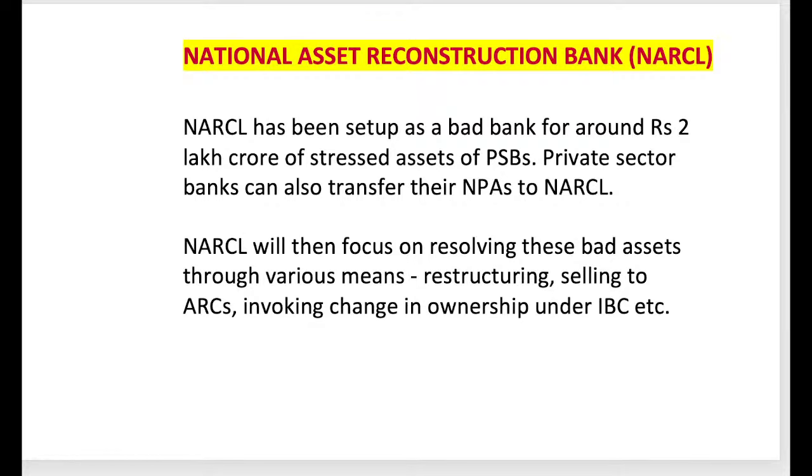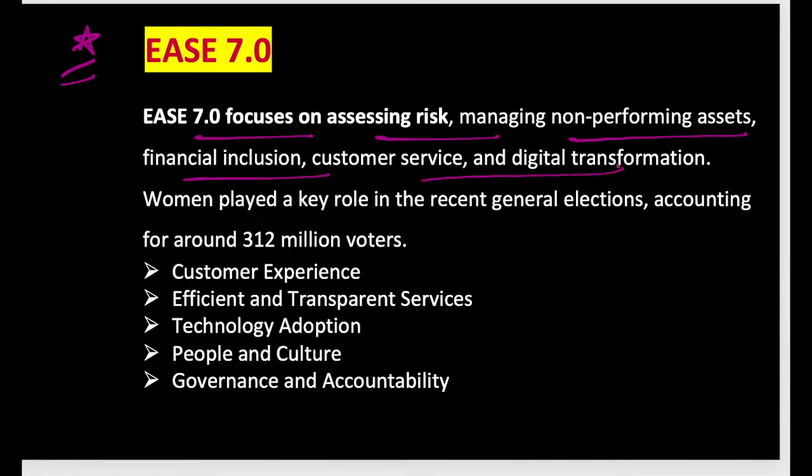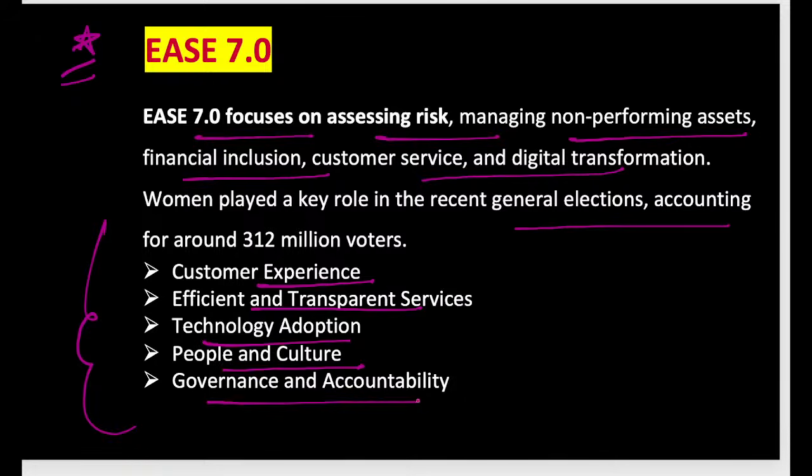So when it comes to EASE, this is something new. The latest is EASE 7.0, which focuses on assessing risk, managing non-performing assets, financial inclusion, customer services and digital transformation. ठीक है. Women play a key role in the recent general election. So accounting for this, they generally come up with customer experiences. We are generally trying to achieve areas like customer experiences, efficient and transparent services, technological adoption, people and culture, and grievances.